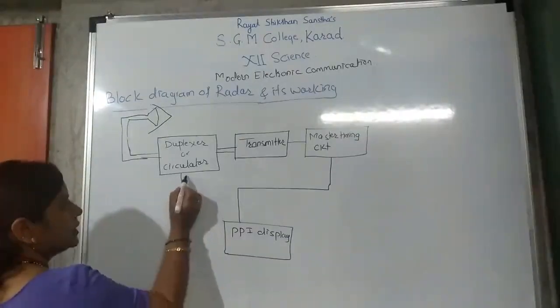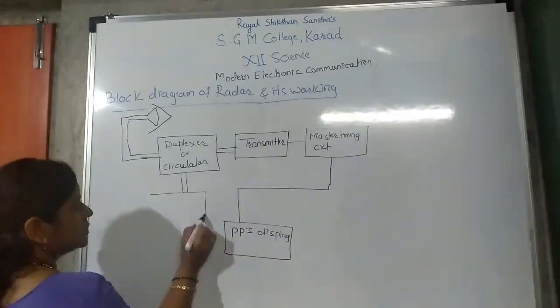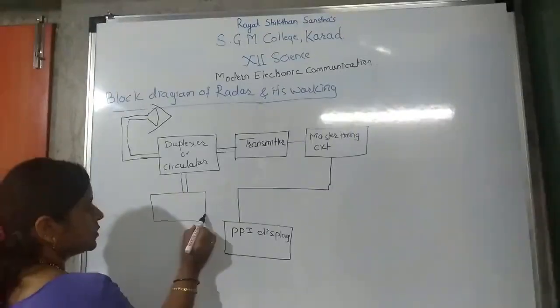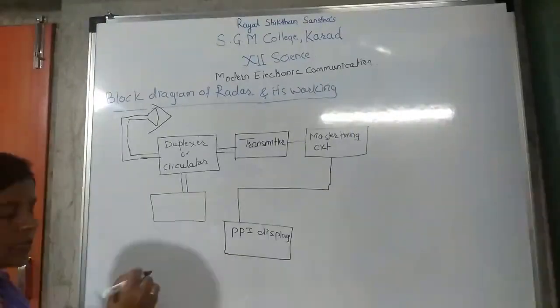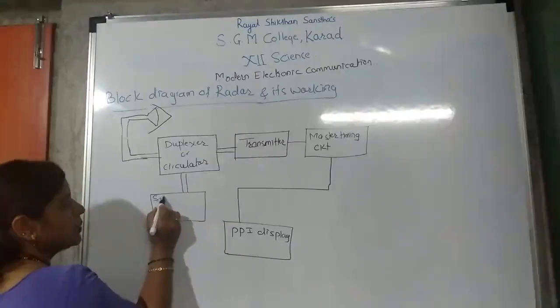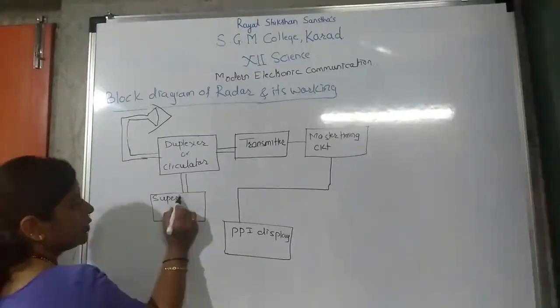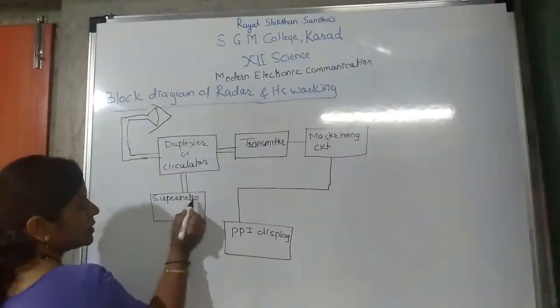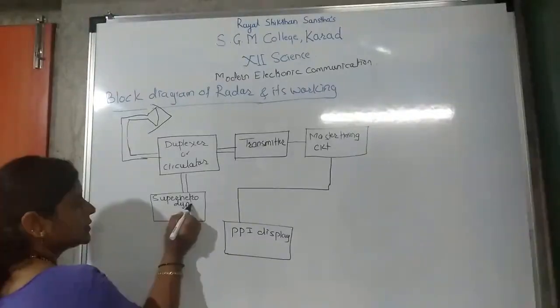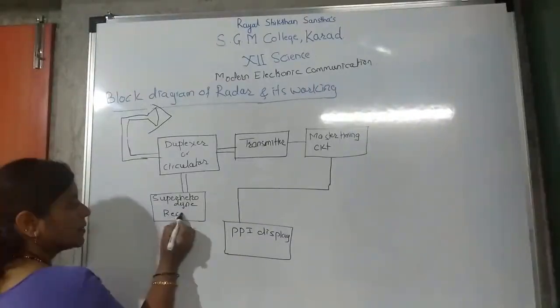The circulator is connected to the main block, which is the superheterodyne receiver.